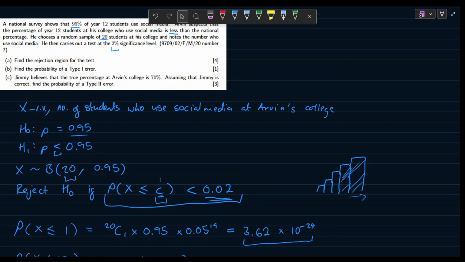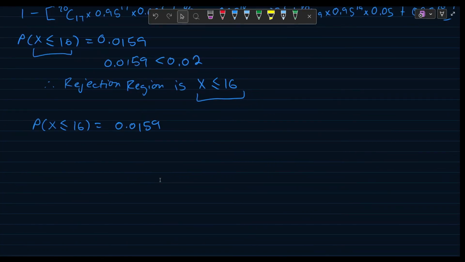Part C. Jimmy believes that the true percentage at Irving's College is 70%. Assuming that Jimmy is correct, find the probability of a type 2 error. So a type 2 error happens when we do not reject H0 when H0 is false. We're rejecting H0 in the region x is less than or equal to 16, so we won't reject H0 if x is greater than 16.